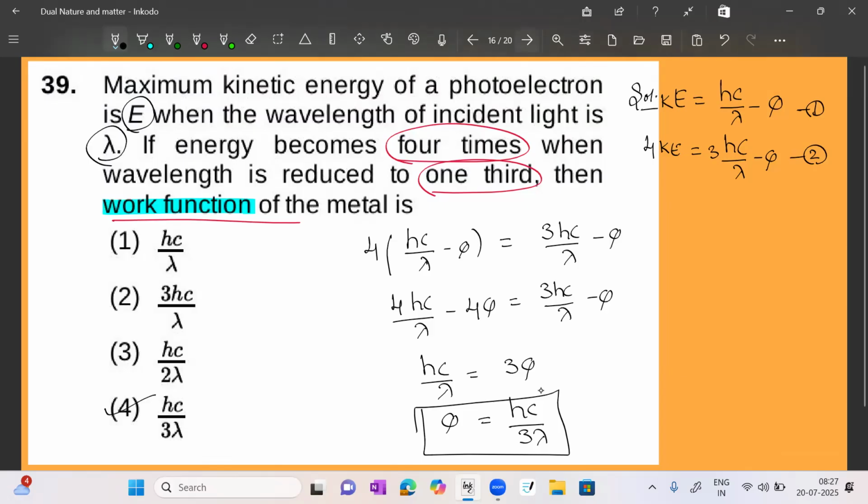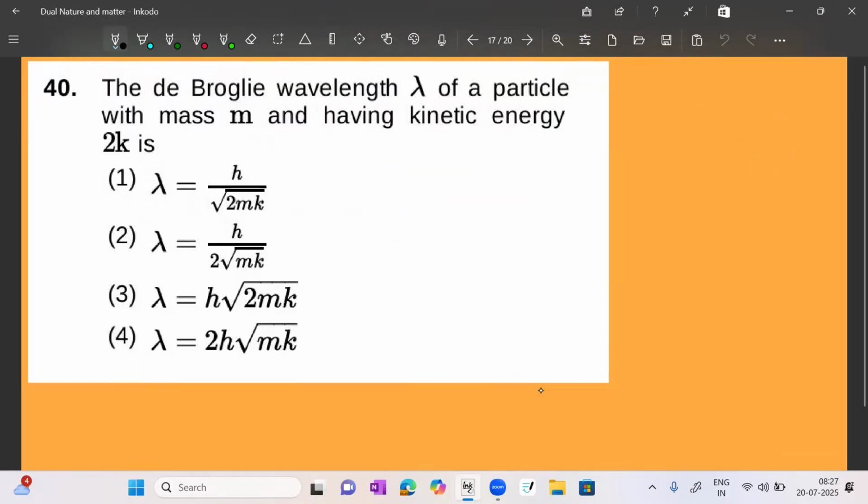Okay, next. De Broglie wavelength of an alpha particle with mass m and kinetic energy 2K. So this is one of the easiest problems.